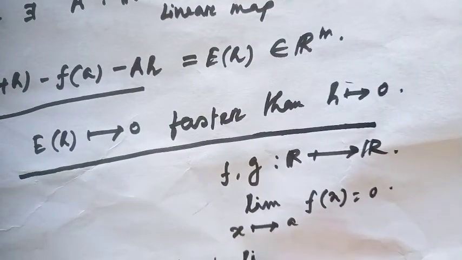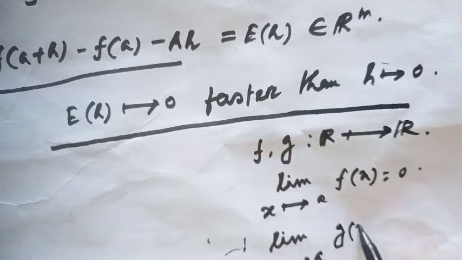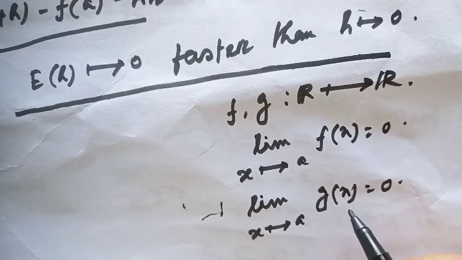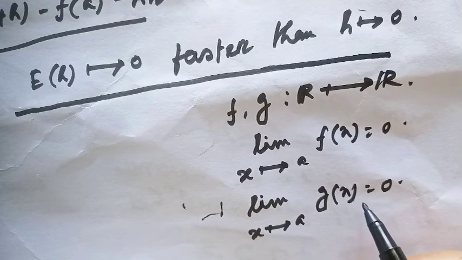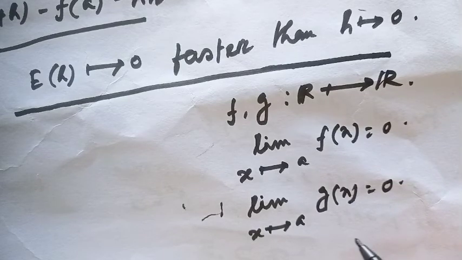Also limit x goes to a, g(x) equal to 0. Here notice both functions are equal to 0. But I want to say which goes to 0 faster. Are you getting this meaning?